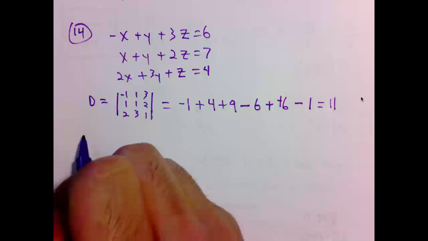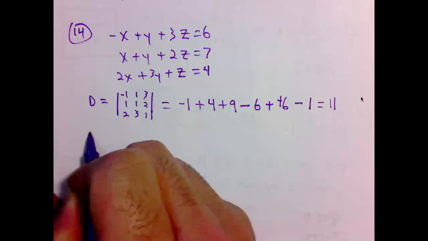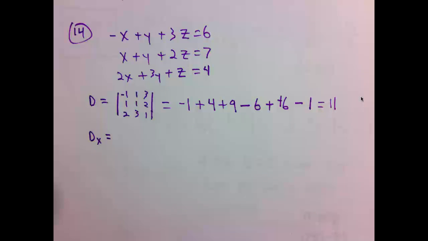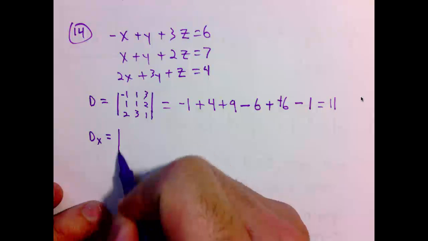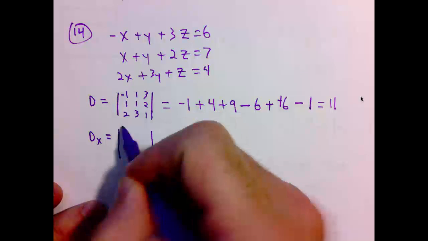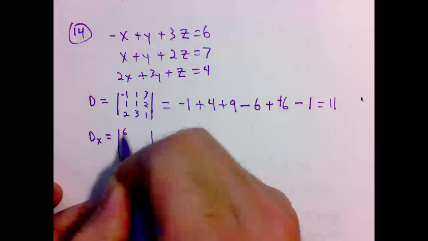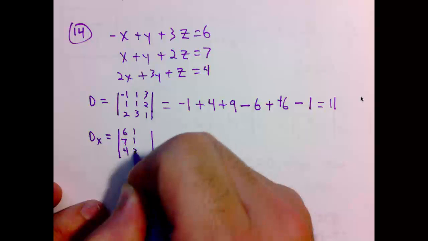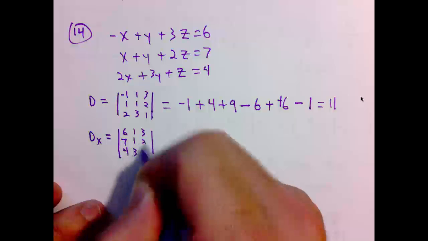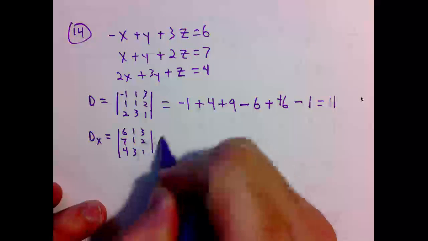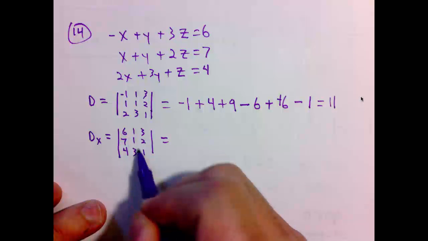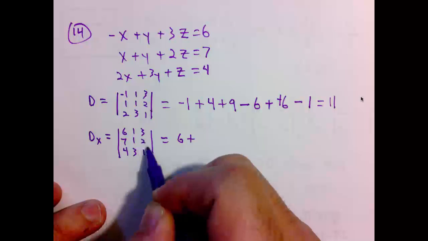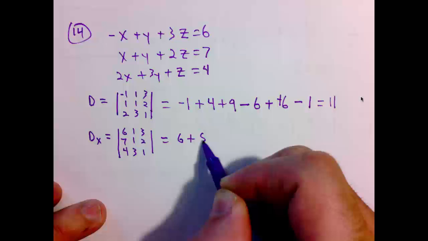Now looking at Dx. We're going to substitute in place of my x column the equal-to values 6, 7, 4. The rest remains the same, 1, 1, 3 and 3, 2, 1. Okay, finding this determinant. 6 times 1 times 1, that's 6. Plus 1 times 2 is 2, times 4 more is 8.